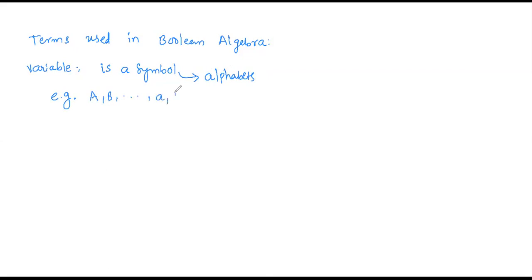These are all variables, and each variable either takes 0 or 1. At any point of time, a variable will have only two values, either 0 or 1.